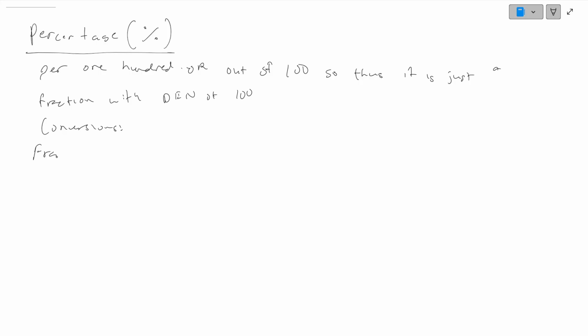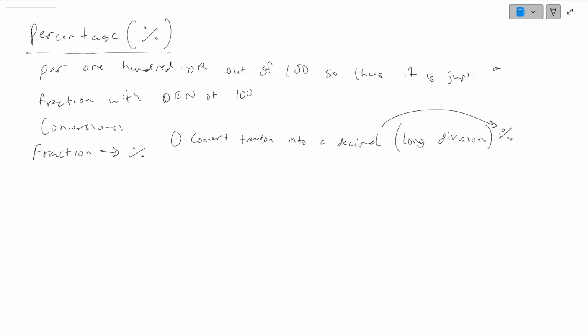If you have a fraction and want to convert it into a percentage, what you can do is first convert the fraction into a decimal, which is done by long division, and then convert the decimal into the percentage. Or your second option is to get the denominator of that fraction to 100. And once that happens, whatever the value of your numerator is the percentage.